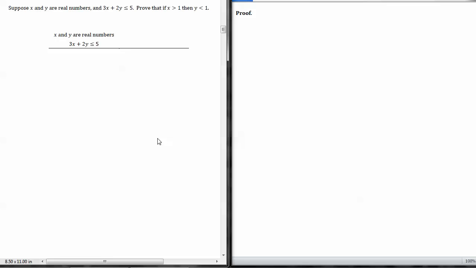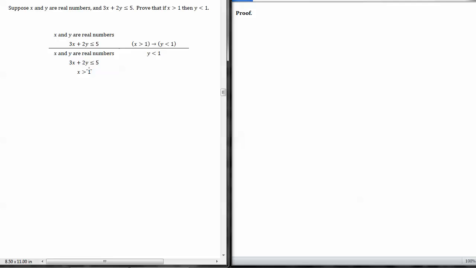We have a couple of givens, and our goal is this conditional statement. We're doing direct proof, so we're going to take the antecedent P, x greater than 1, and move it over here as a given. The consequent, y less than 1, is our goal.